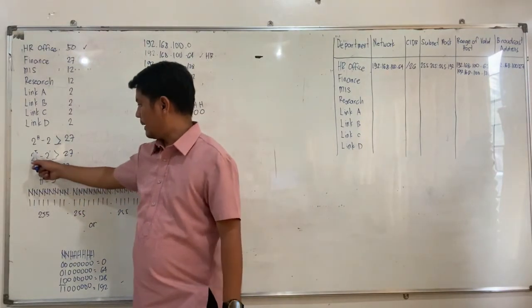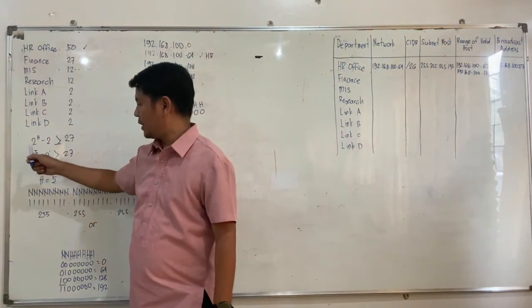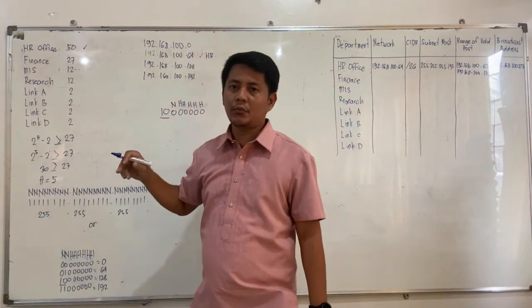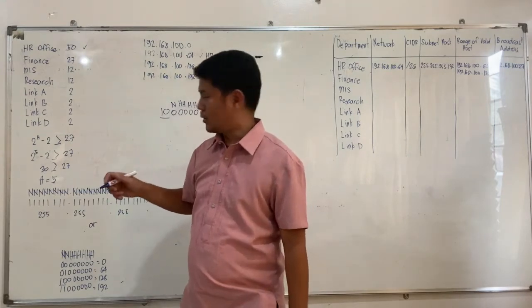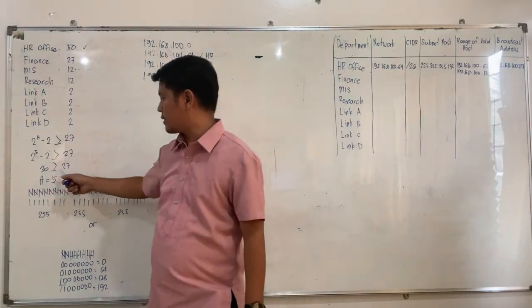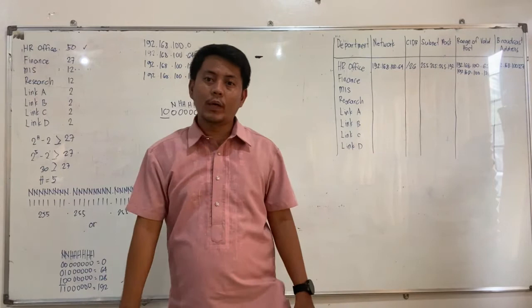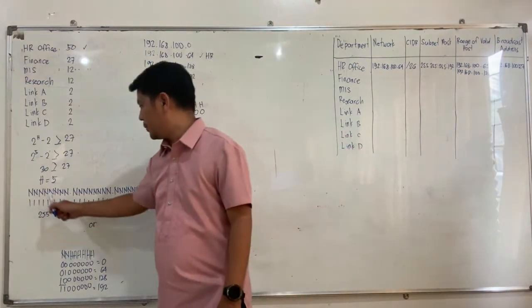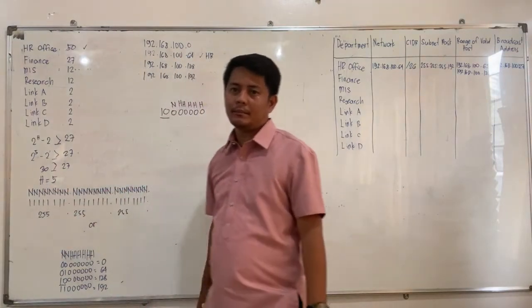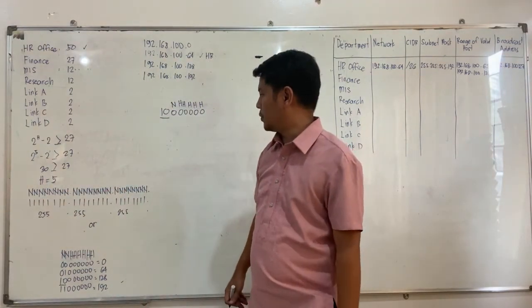In this case, h will be 5 because 2 raised to 5 is 32 minus 2, that is 30. So 30 is the closest number which is greater than 27. Therefore, our h is equal to 5.